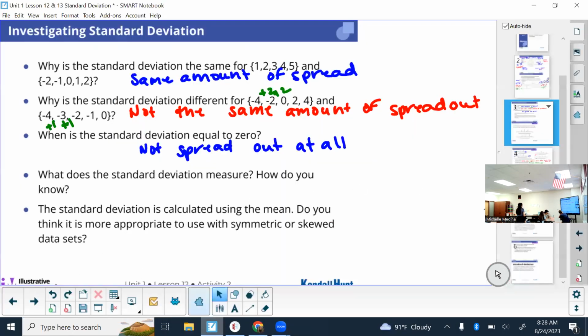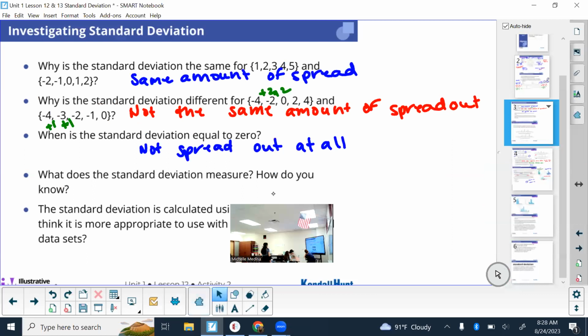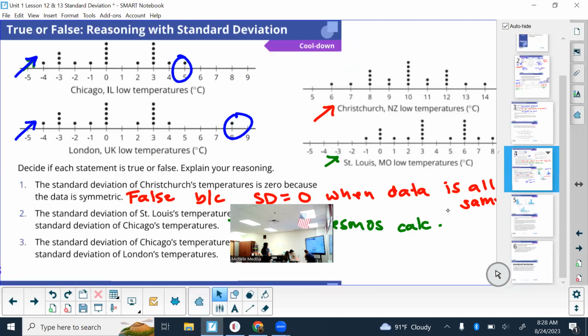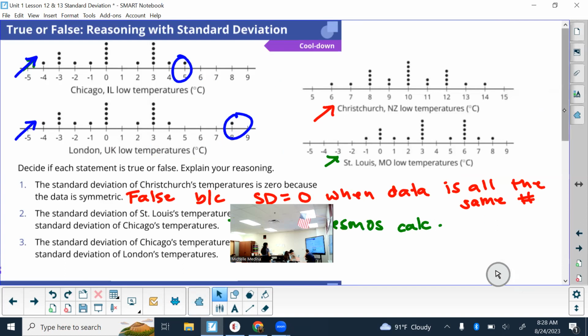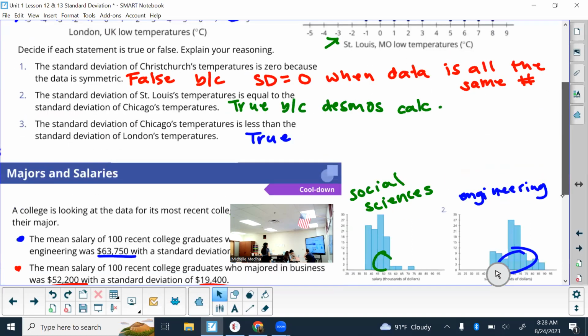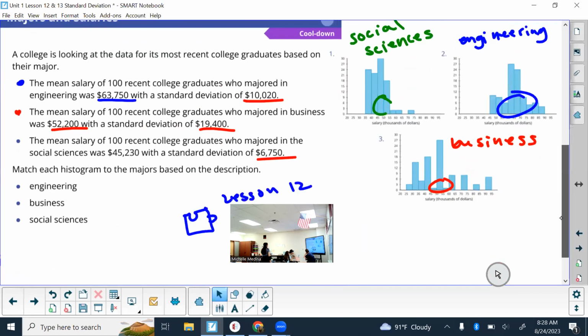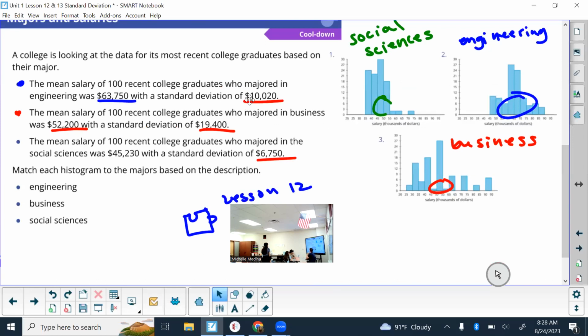So when I said which graph looks like it has a standard deviation of about 10,000, if that's my standard deviation for that career, we're saying that while the central value is about 64,000, there's engineers that make about 74,000, 84,000, 94,000.